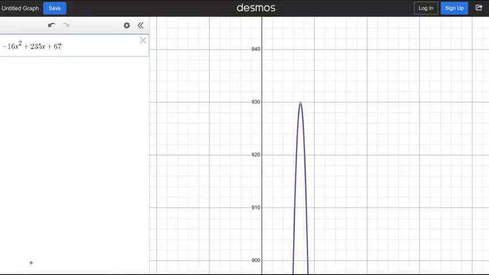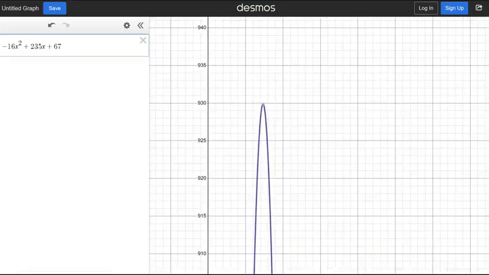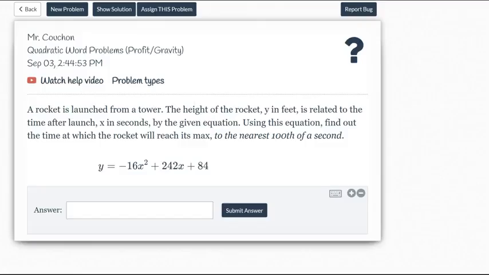There it is. The rocket reaches its maximum height after 7.3 seconds, and its maximum height is 929.9.